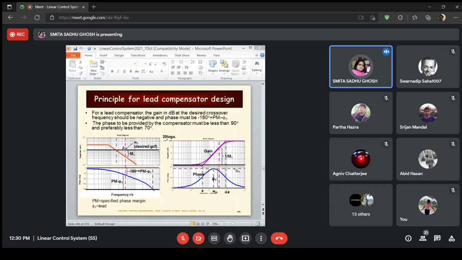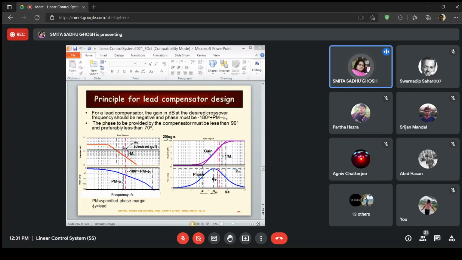So you would have to understand that. If I look at the phase values, I would look at the plot, and then I would see where the value of the phase is equal to this value. This value means, say, I have already specified that 30 degree of phase margin is required and 10 degree of lead I want from my compensator.